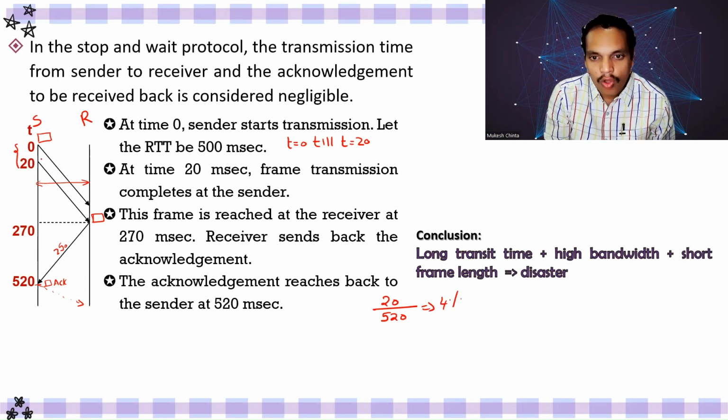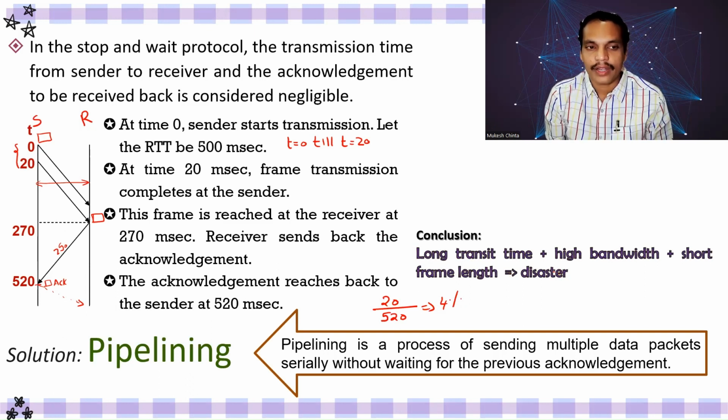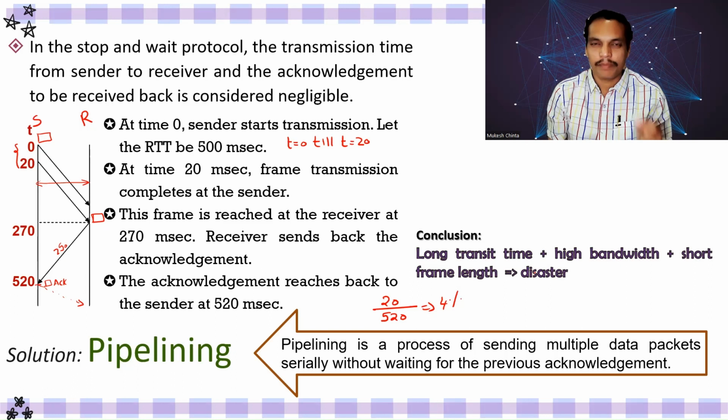So if you have a long transmit time, high bandwidth and a very short frame length, that does not do good for networks. It doesn't work well because the sender is sitting quiet and the bandwidth is being wasted. So there has to be a solution to overcome this problem. The simple solution is to use a concept called pipelining.